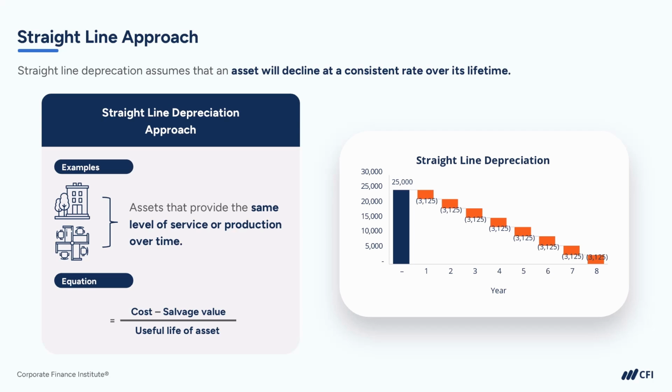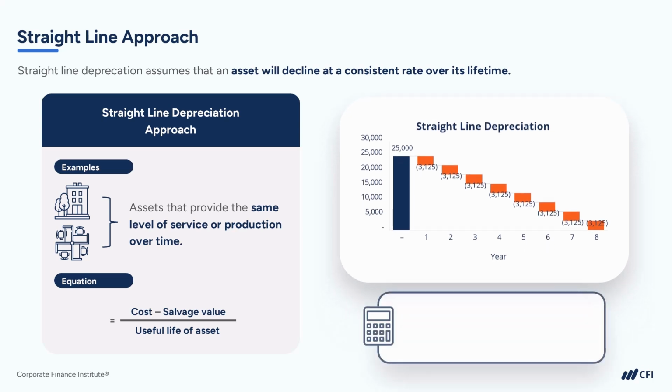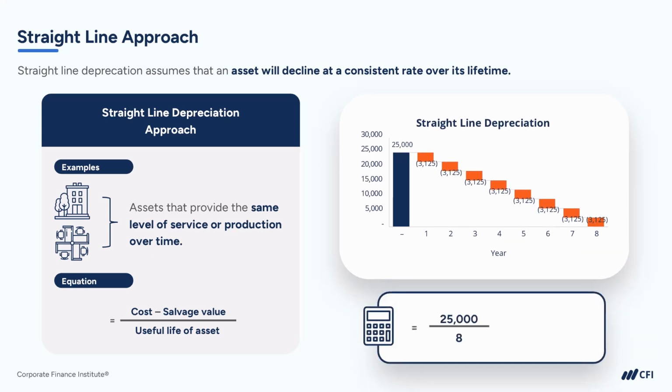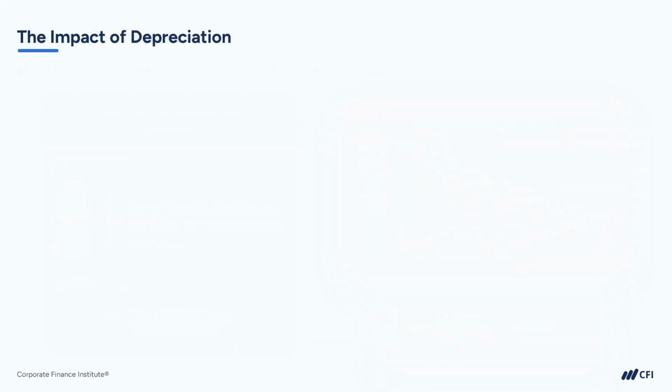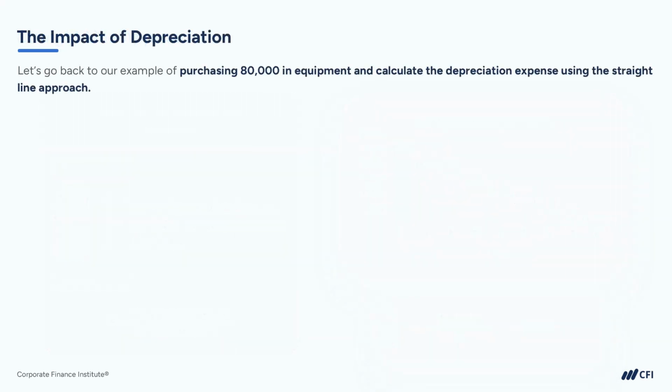We're assuming we won't be able to sell it for anything. Dividing the $25,000 initial expense by an 8-year useful life gives us a consistent depreciation expense of $3,125 each year.